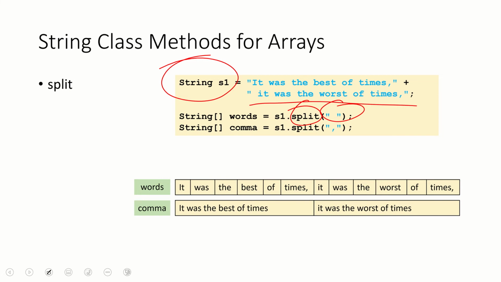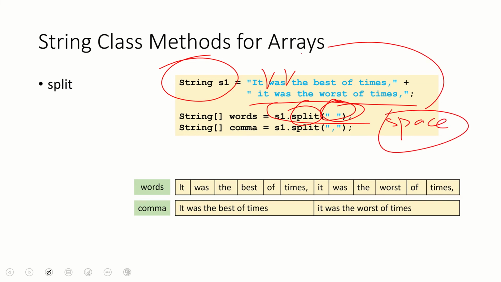Each word is separated by a white space. Then we call the split method. The token we use is the white space, exactly the one that separates the words. Once we do this, this will return an array of strings.